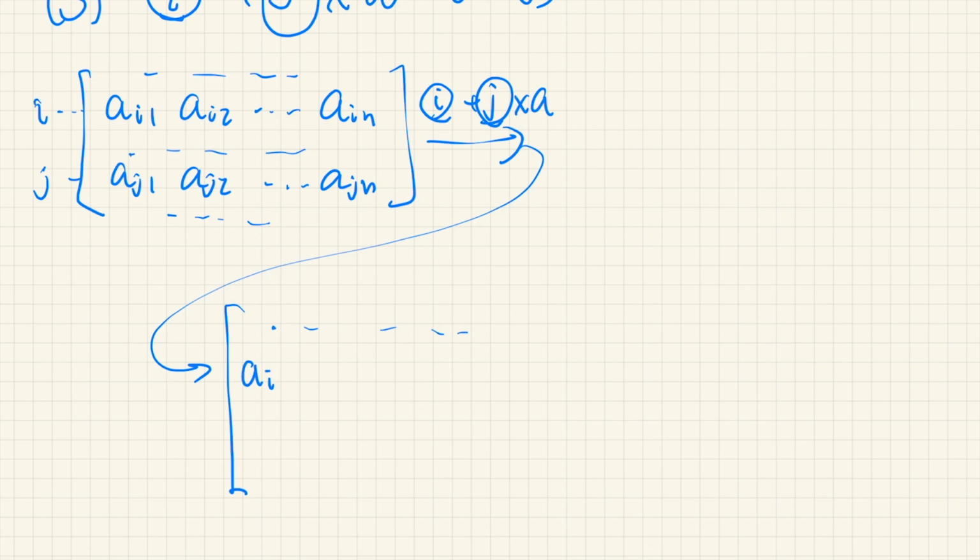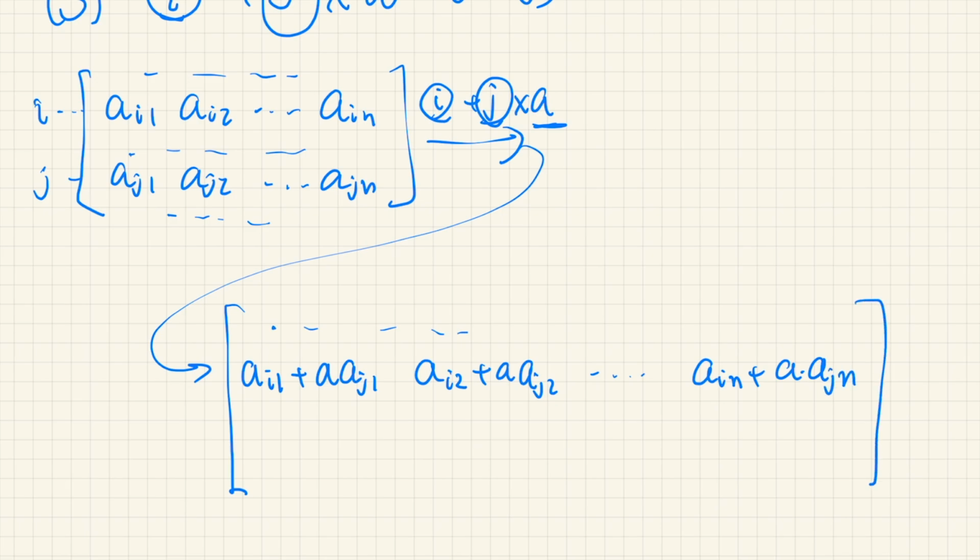So that's AI1 plus A, where A is this constant, times AJ1, and the second column AI2 plus A times AJ2, and so on. And AIN plus A times AJN. So this is the ith row.